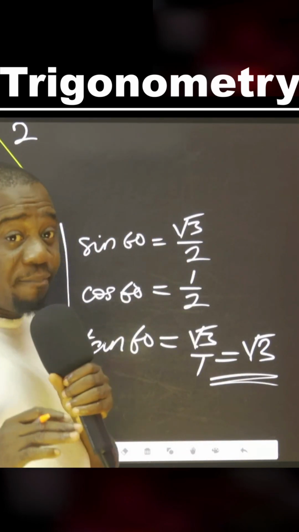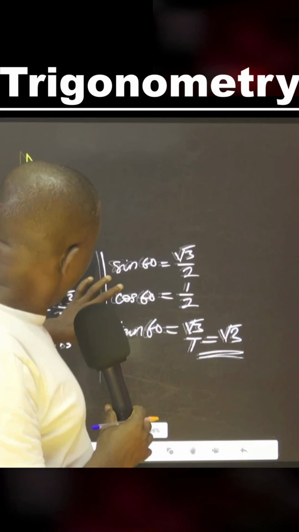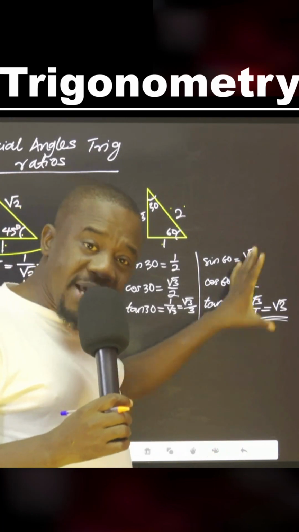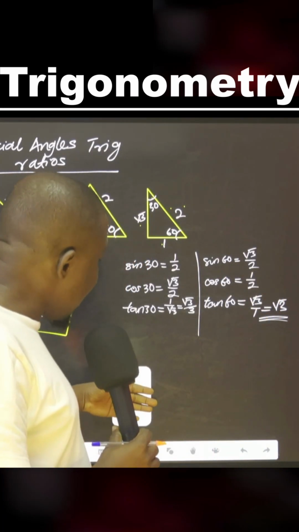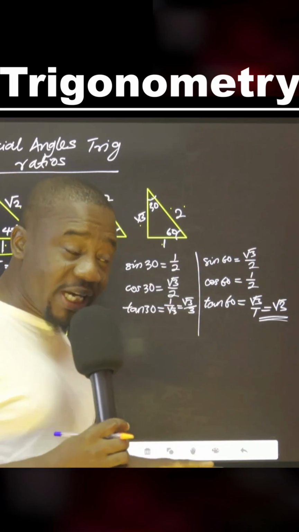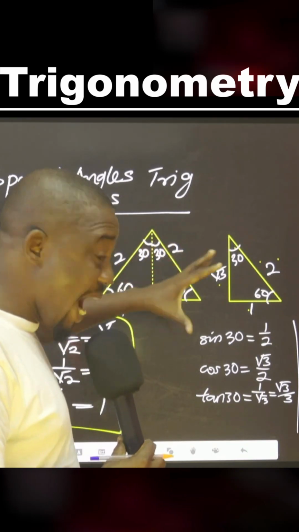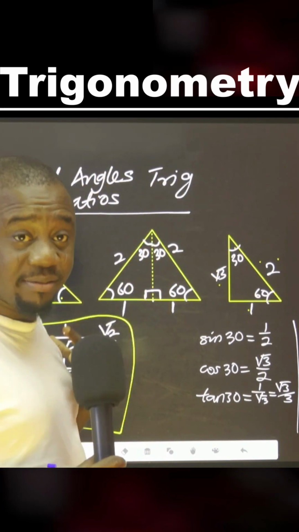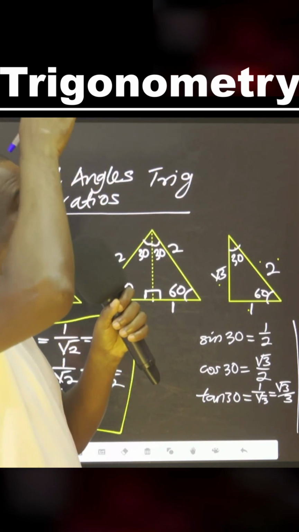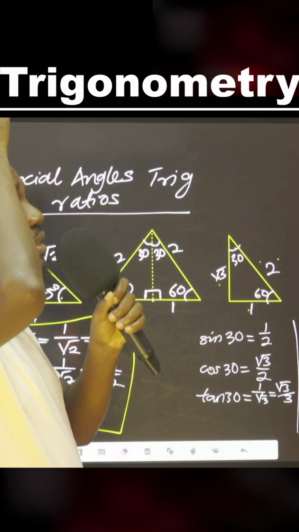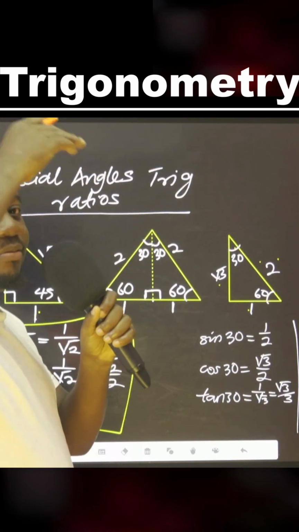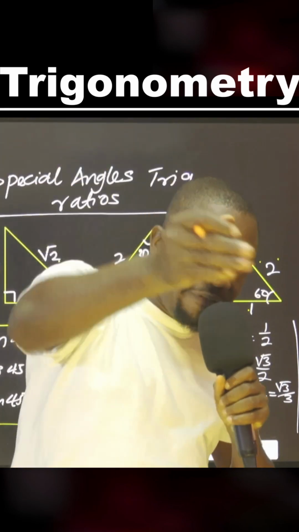So most of the time, if you forget this in exam condition, you need to memorize this. Commit all this to your memory, because you will fall into some situation that requires you to remember all this. But the best way to do it is to have this diagram in your head, so you can use it to get sine 30, cos 30, sine 60, cos 60, tan 60, sine 45, cos 45, and so on and so forth.